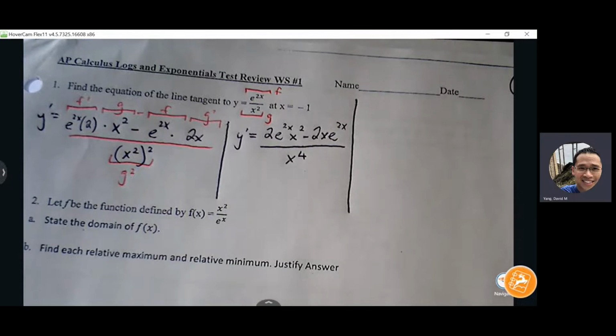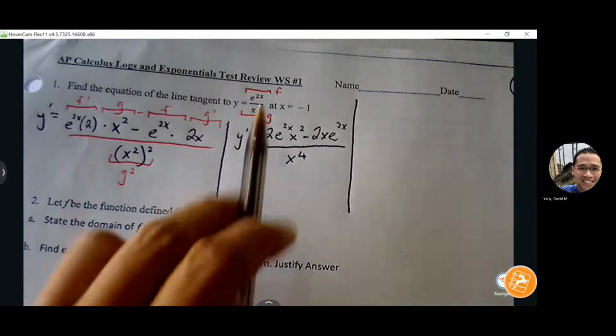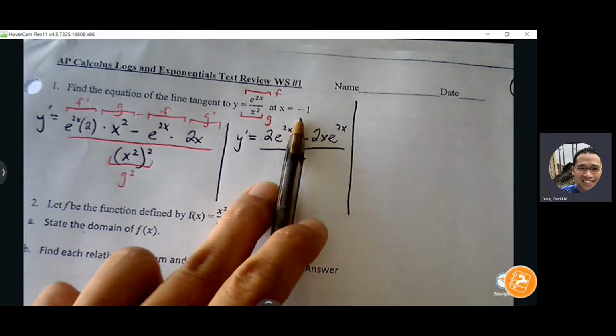Okay, so we took care of the calculus and now we can go ahead and find our information for our point slope tangent line. So -1 into the function will get us our y value.